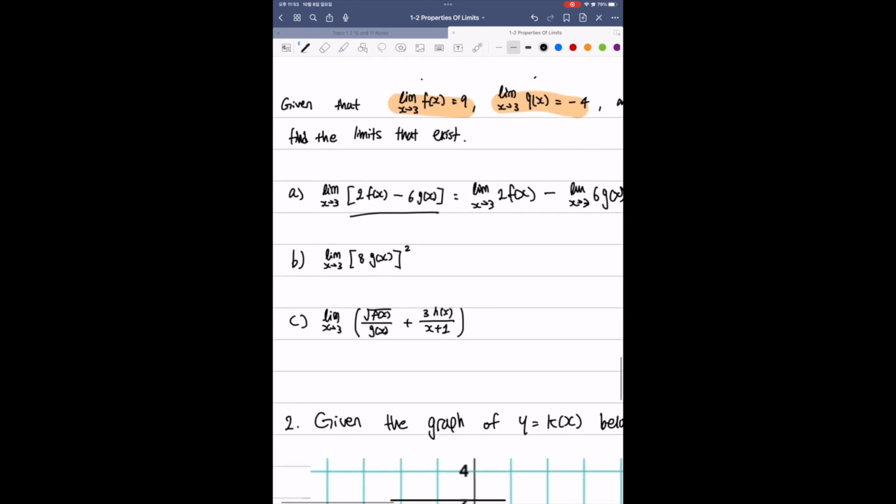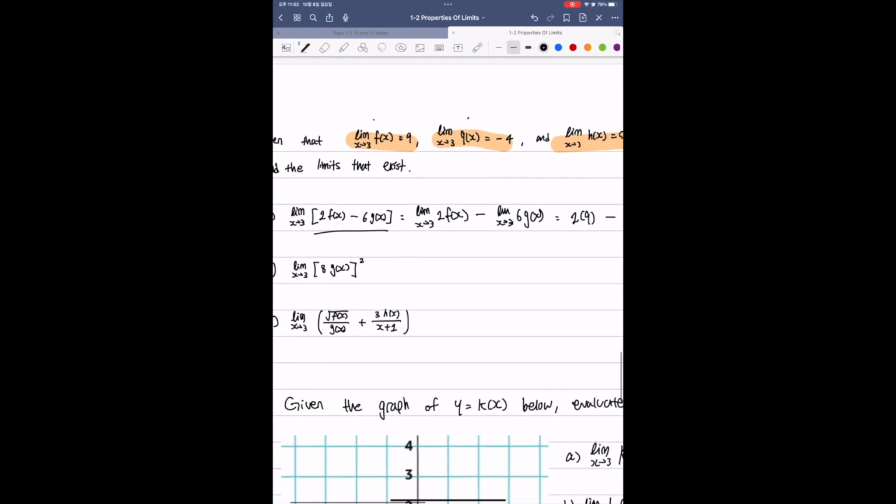B, we only need the information for g(x).